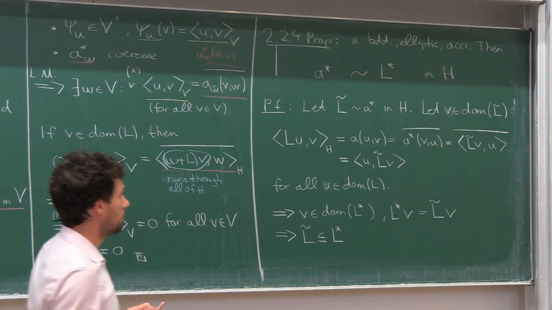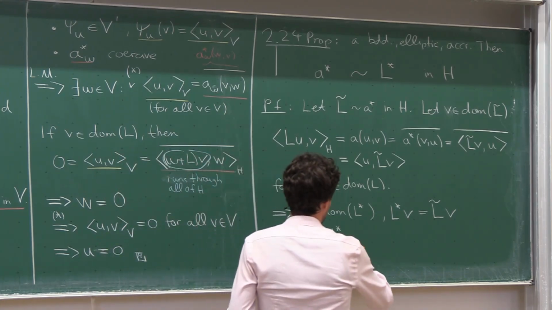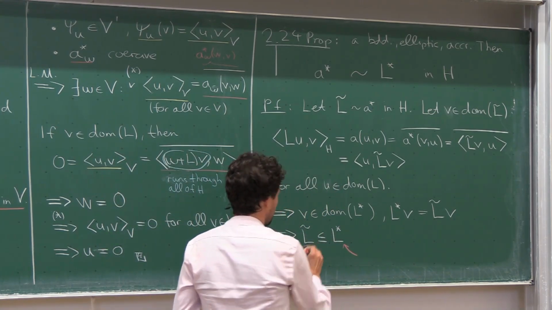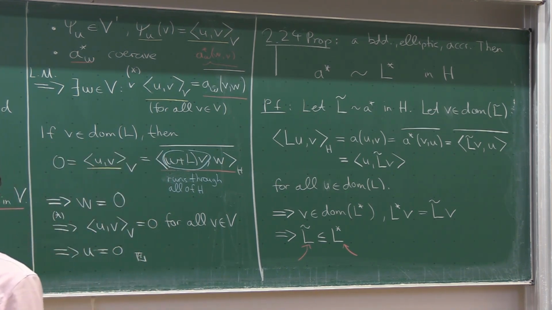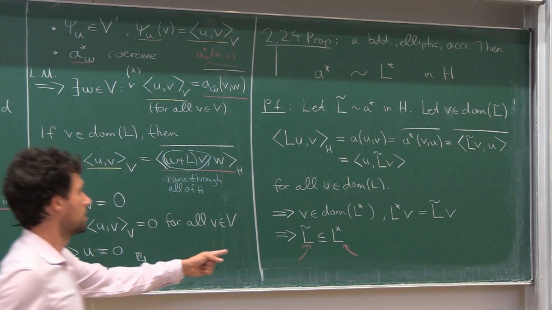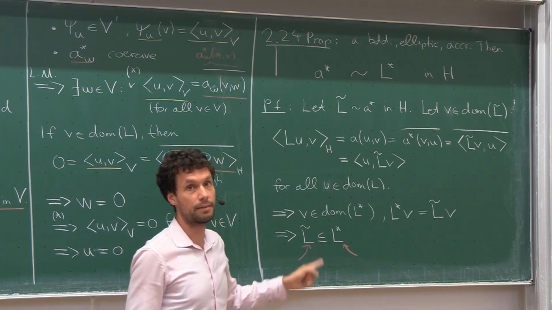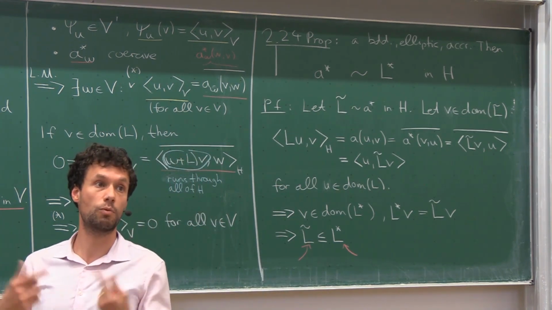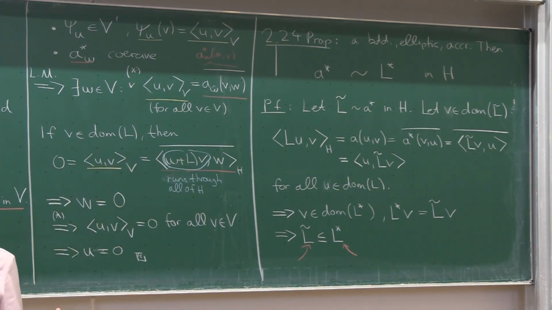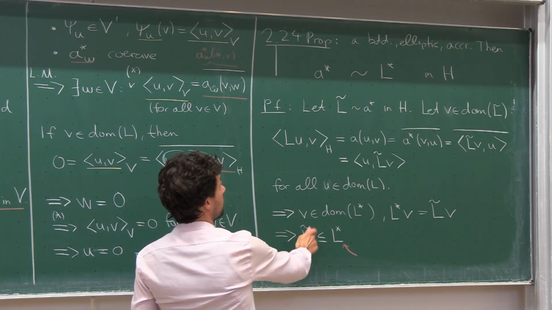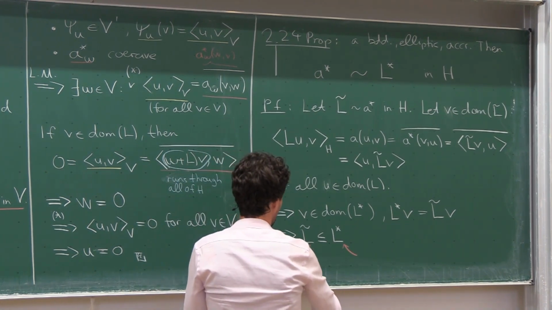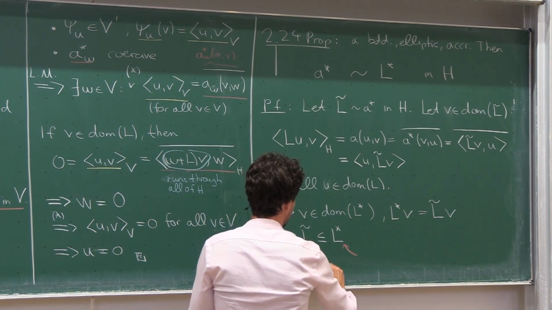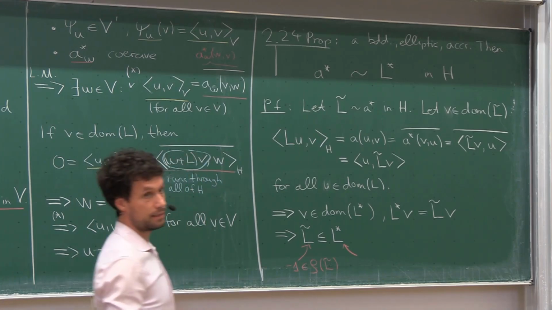And so what can I do? Well, there was a sweet exercise that you had on the first exercise sheet, telling you that if I can manage to prove such an inclusion, and I can make sure that these two operators share one resolvent element, then they have to be equal. Now this guy here is sectorial of angle pi over 2, so minus 1 is in the resolvent set of L tilde.